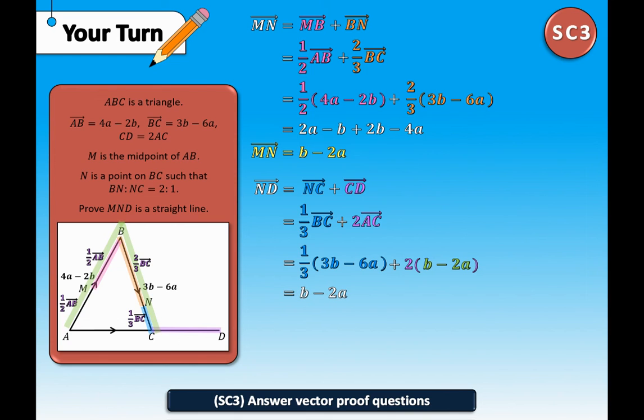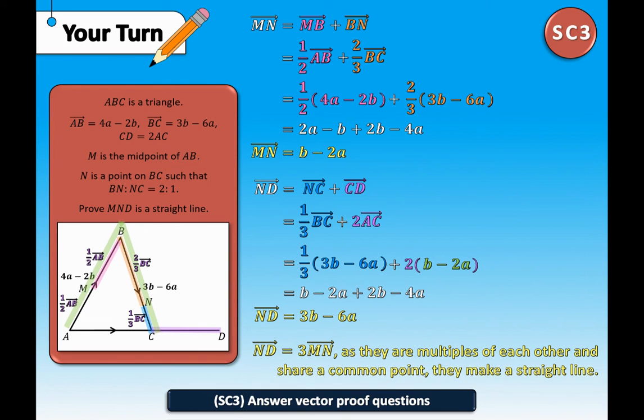So we can expand the brackets and then simplify. So ND is 3b minus 6a. So we can see that ND is 3 times as big as MN. So as they are multiples of each other and they share a common point, which again is the point N, they must make a straight line.